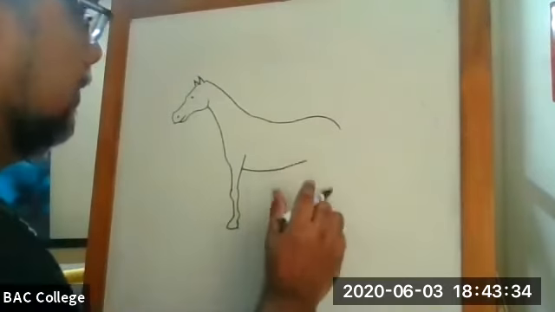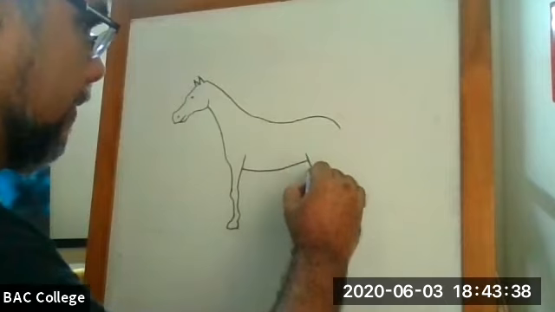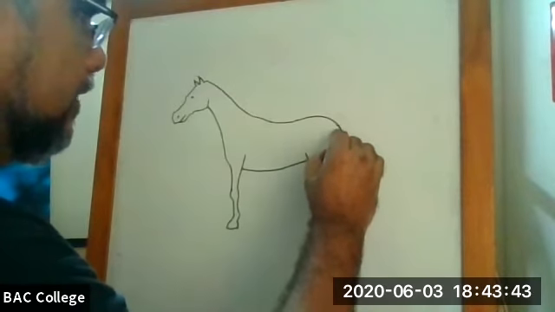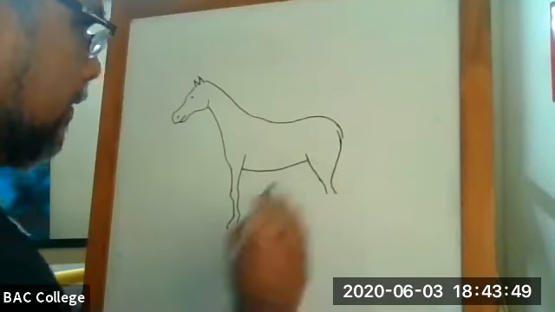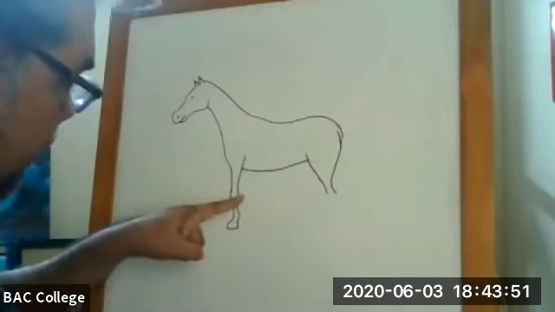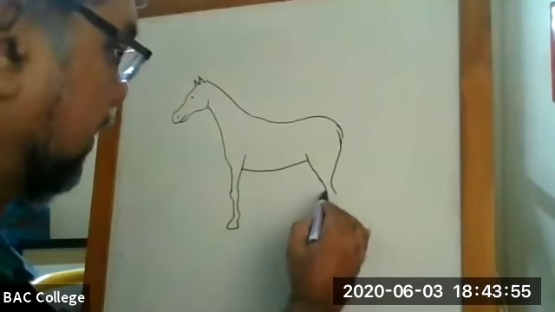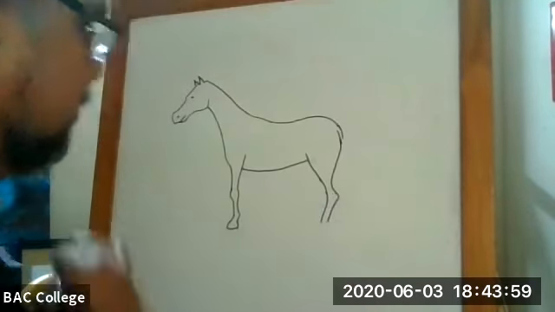Okay, so here is the back leg, like that. Leave the part here for the tail, and like that. The middle bone here will be the same length as here, where it curves this way and then it comes out this way.